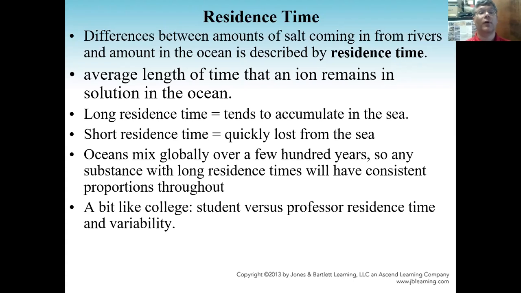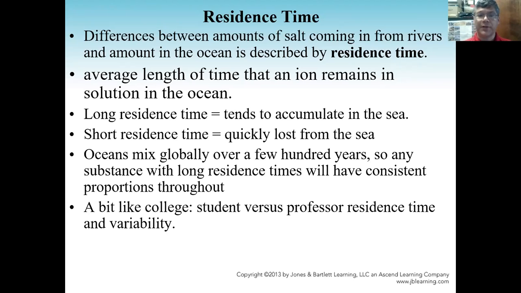Things that have a long residence time are going to have constant proportions. They're mixed throughout the oceans. Anything that tends to stay in the ocean less than a few hundred years is already going back out again before it can be mixed all the way around and evened out. So short residence time, not consistent proportions.